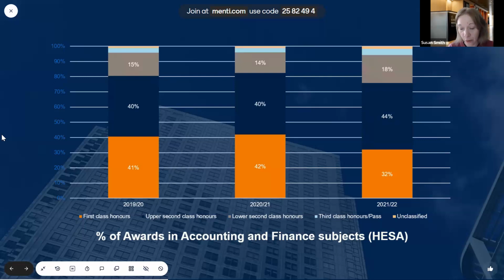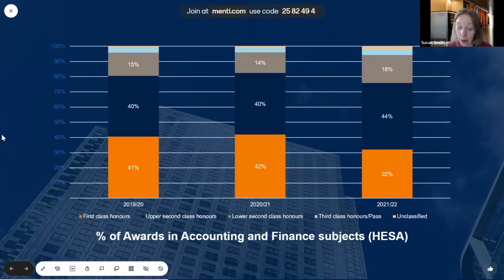And in terms of good degrees, overall, sorry, good overall was 78% for home, and non-EU was 72%. So there is a clear international awarding gap that we're seeing within accounting and finance, and I suspect it's the same in the overall data as well.